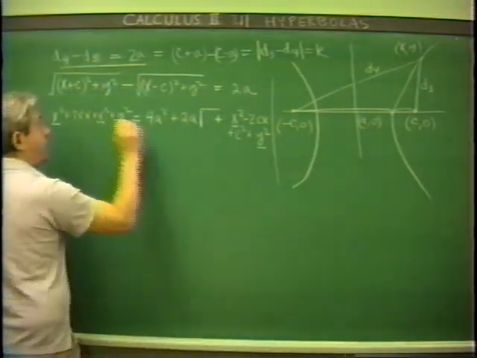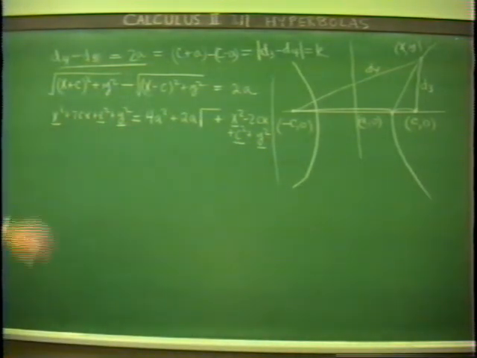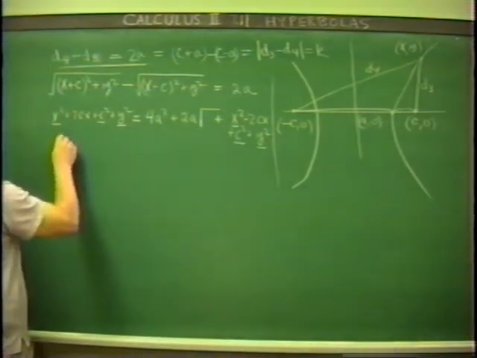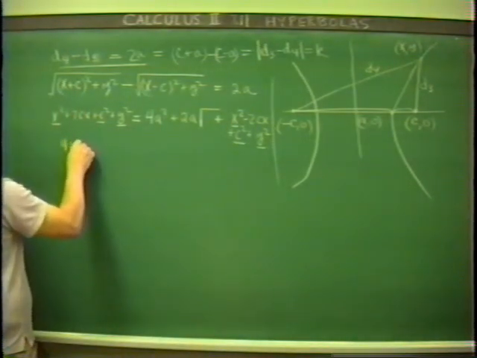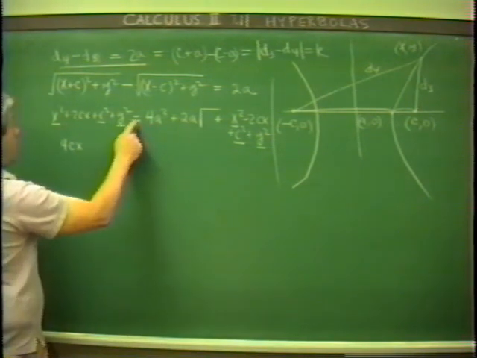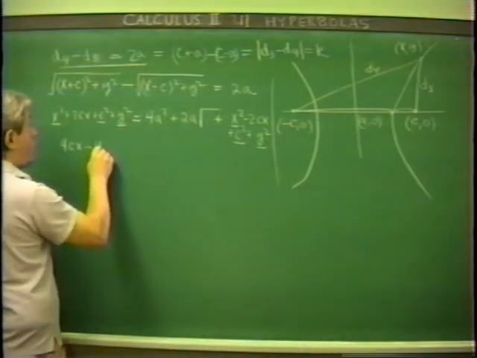Okay, so all together here, we've got x squared on both sides, we've got y squared on both sides, we've got c squared on both sides. So we can remove those quantities from this equation and rewrite it. Bringing the minus 2cx over here, we get 4cx.